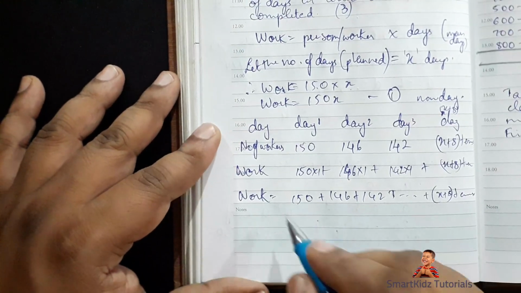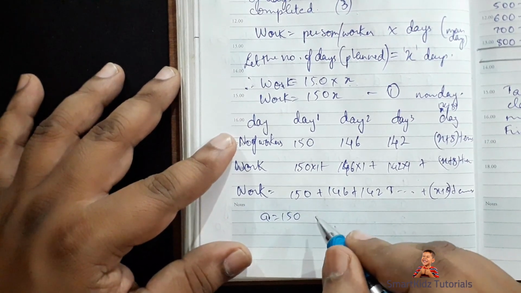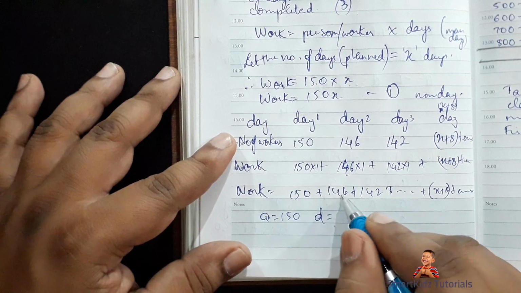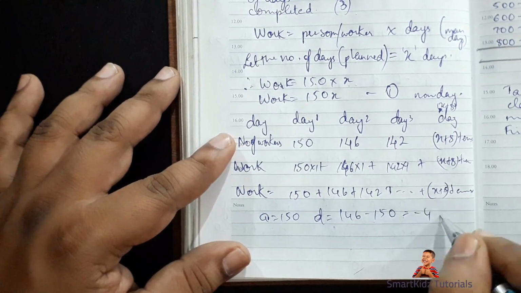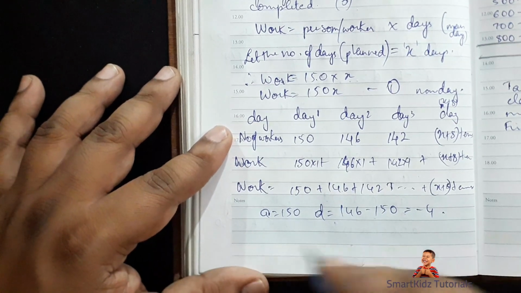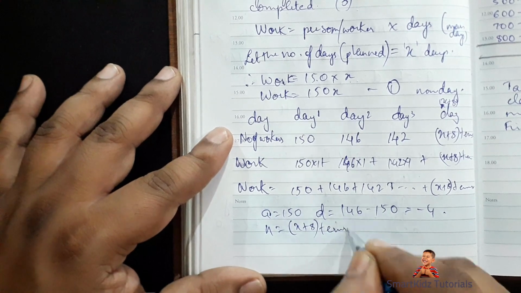In this case, we get our first term a as 150. The common difference would be a2 minus a1, so 146 minus 150, that comes to minus 4. And n we take as x plus 8 terms.